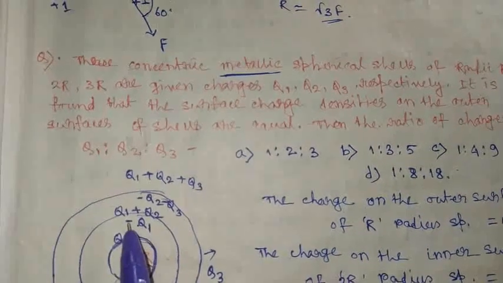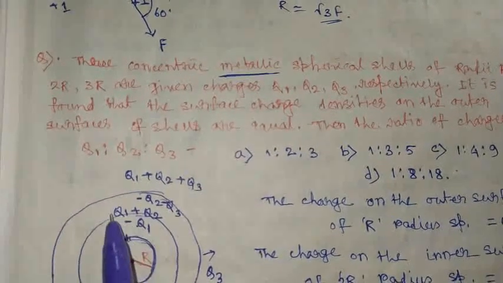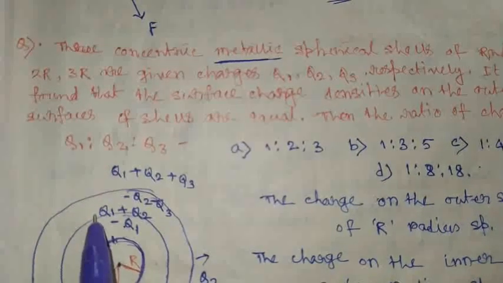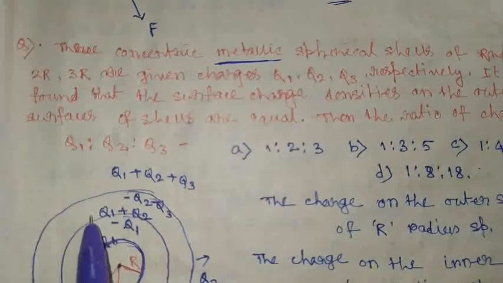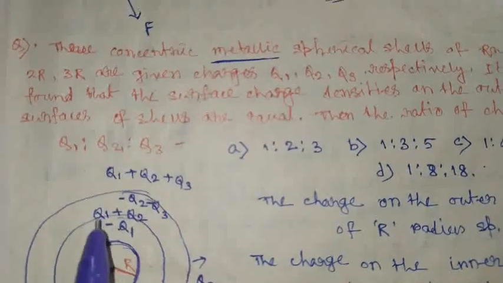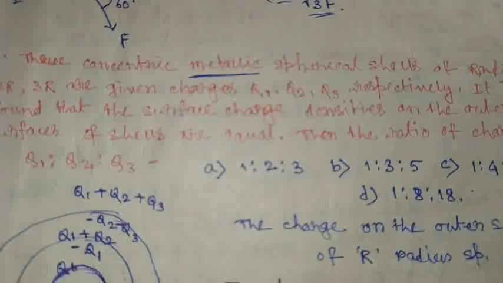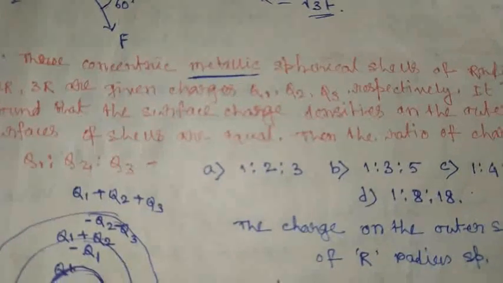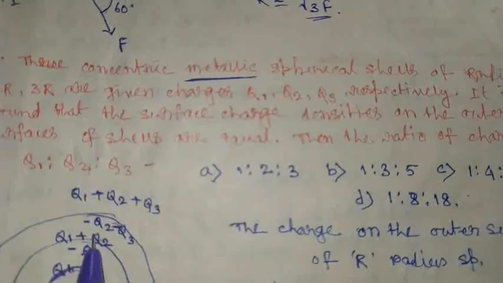Then a plus q1 charge is also developed in the outer surface of the second sphere. So the total charge on the outer surface of the second sphere is q1 plus q2.